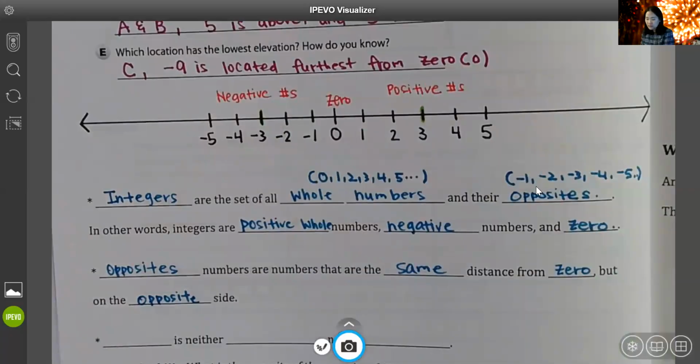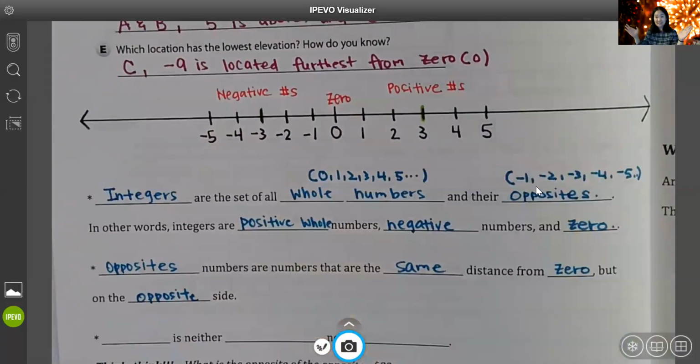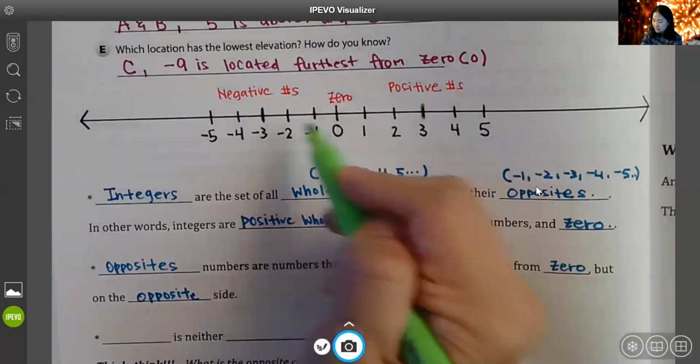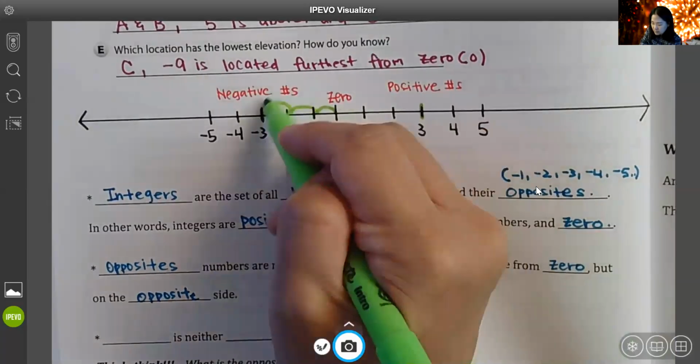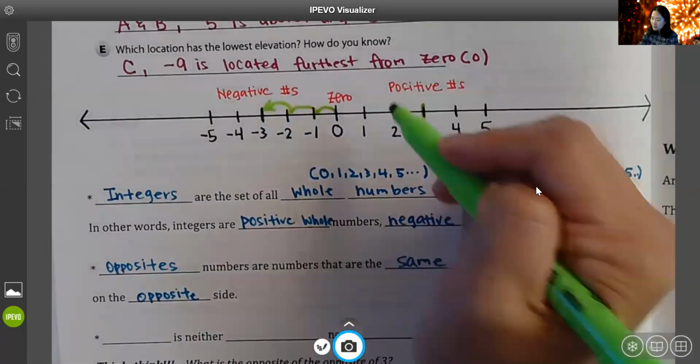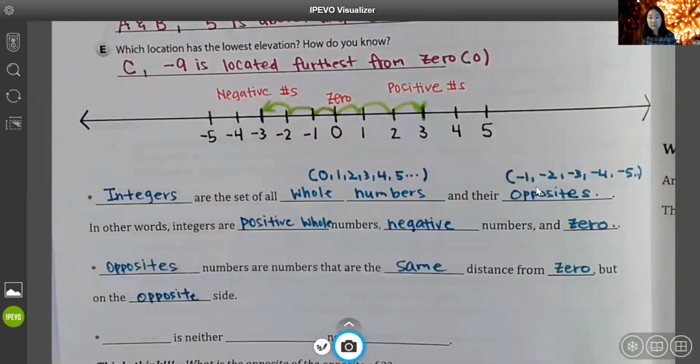Well, according to the definition, opposites are numbers that are the same distance from 0, but on the opposite side, to the right and to the left. Let's take a look to see if that's true. -3 is 1, 2, 3 units from 0. And positive 3 is 1, 2, 3 units from 0.